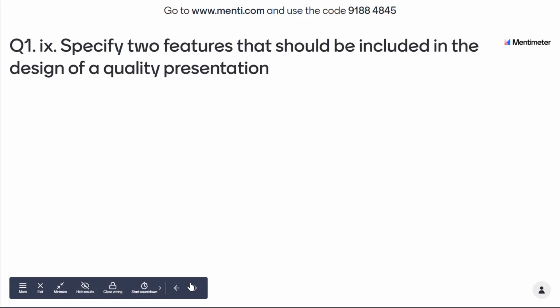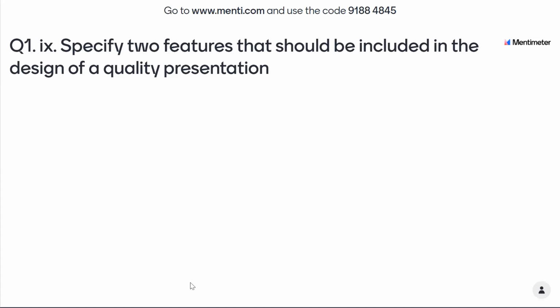Okay, the next one. Specify two features that should be included in the design of a quality presentation. We discussed these ideas. What are the things that we should consider when you want to have a quality presentation?